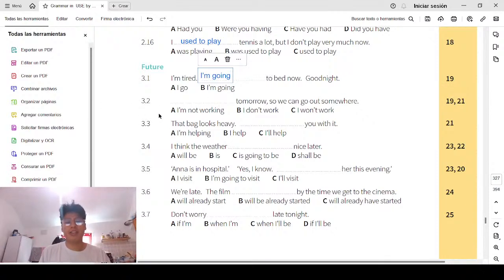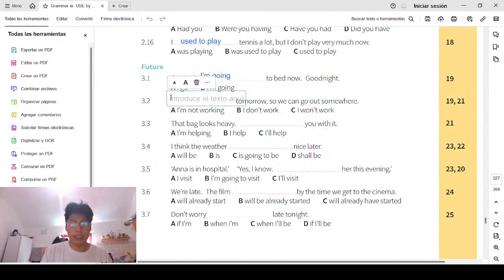Next one, 3.2. I'm not working tomorrow, so we can go out somewhere. Or maybe I don't work tomorrow, so we can go out somewhere. Or I won't work tomorrow. We can go out somewhere. In this case, it's the same.